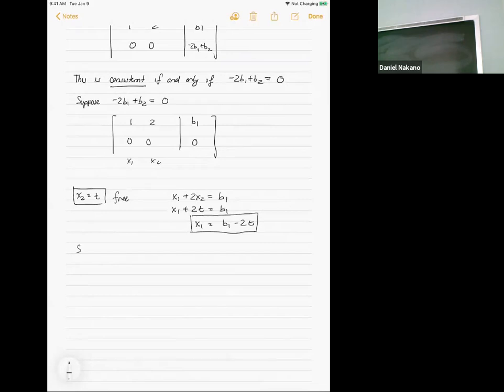The solution x1, x2 will be b1 minus 2t, and I have a t here. I could separate this out as b1 and 0 plus t times minus 2, 1.